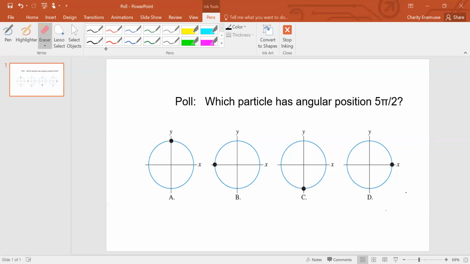We will get 2 revolutions, which is 2 times 2 pi. That's the meaning of this. So to know the final position of that angle, we take the remaining pi over 2.